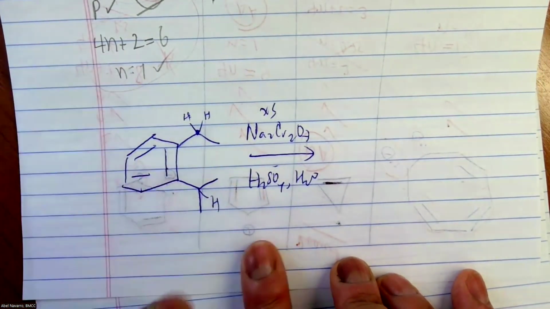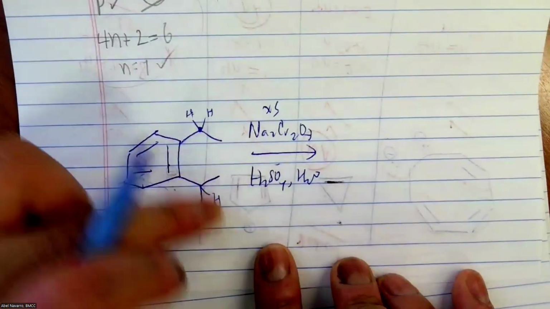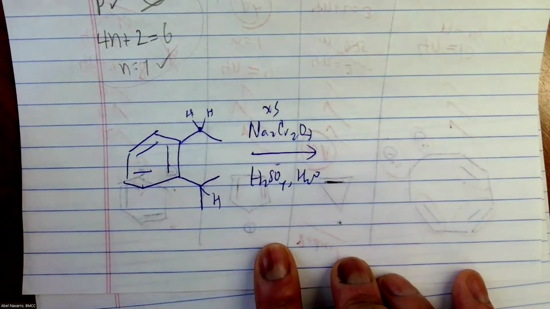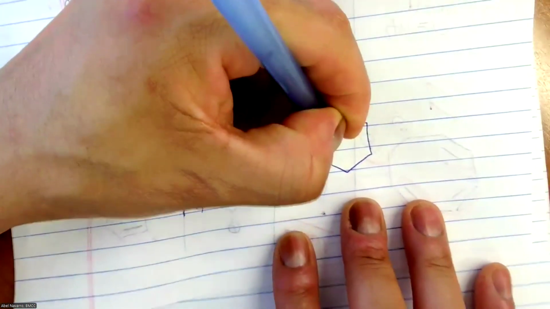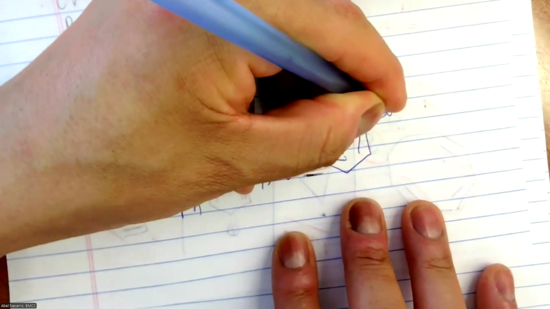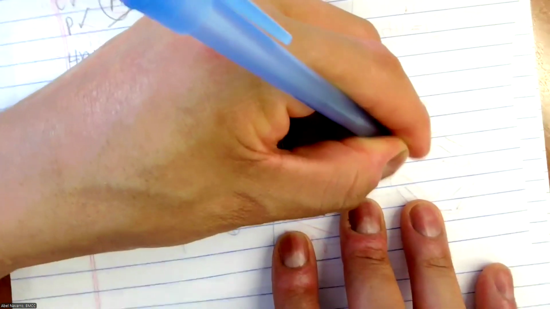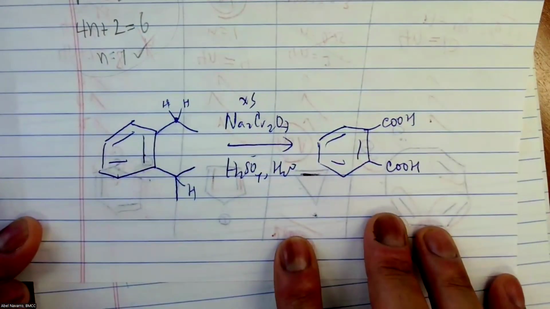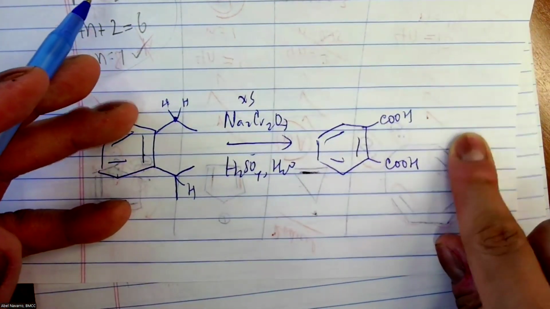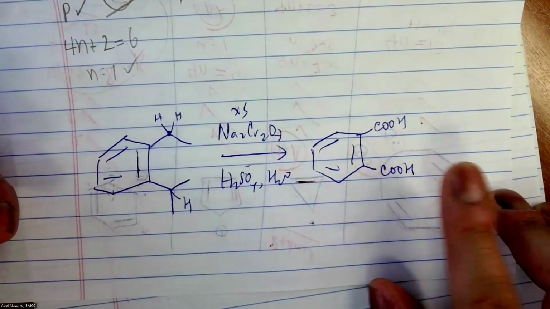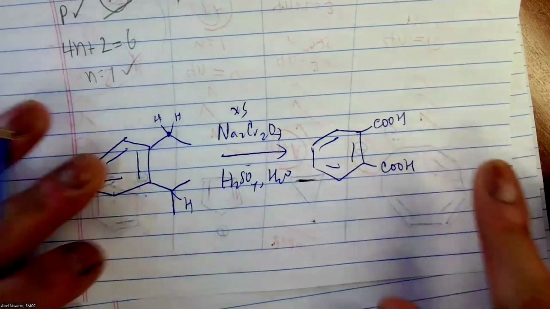Does this one have a hydrogen? Yes, it has 1. So if they have a hydrogen, they get oxidized. Both of them will become carboxylic acid, COOH, COOH. What happened with these other methyls? Nothing. Do I have to write the side products? No, just carboxylic acids.